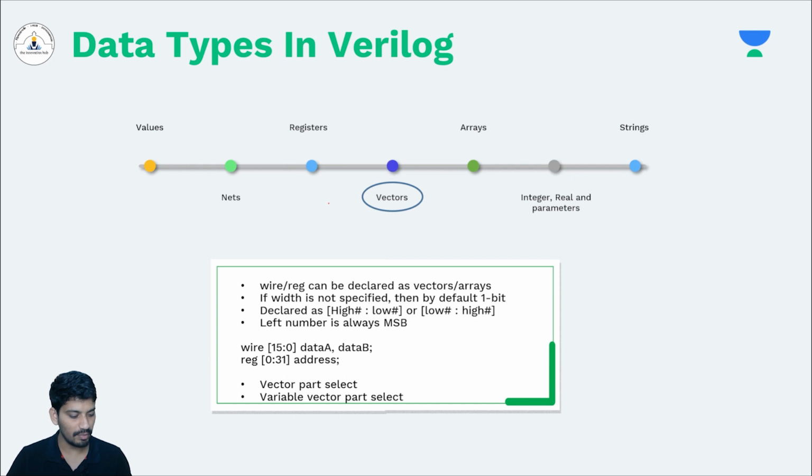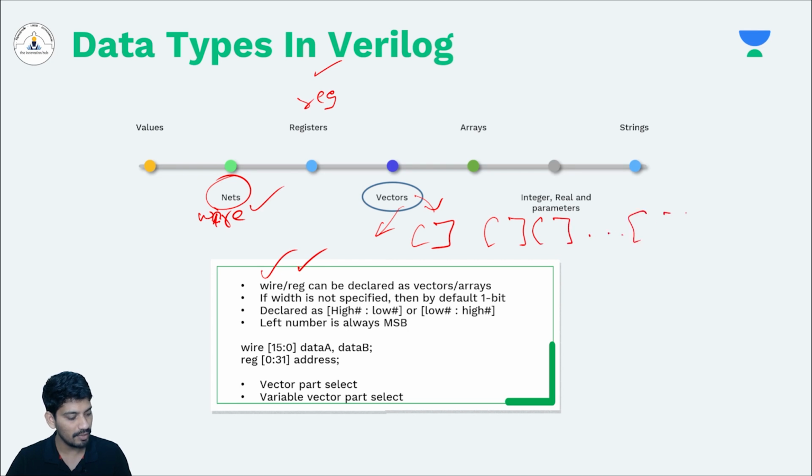Now let's see what is a vector. A net or wire or register can be a single-bit value or it can be a multi-bit value. The multi-bit values can be either one dimensional, which is a vector, or two dimensional, or any number of dimensions, which is an array. If width is not specified, then by default the wires and registers are taken as one-bit values.